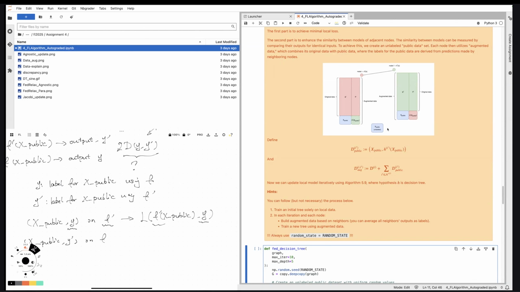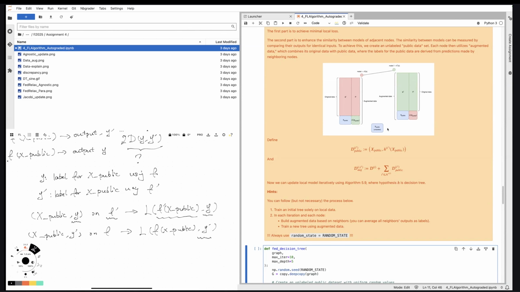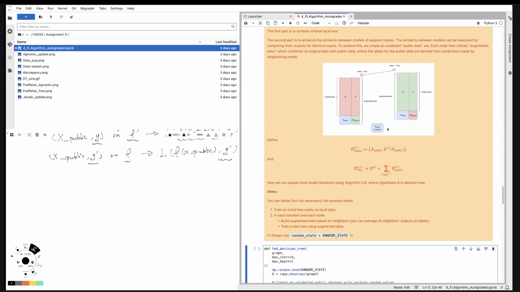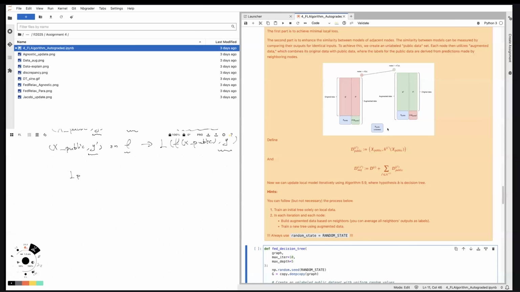Because this label corresponds here, and this is a prediction of f prime. And also the same for f. The loss function is trained on x public, and this is the label for f here, right? And if you know the L^p norm for functions, it looks like this.